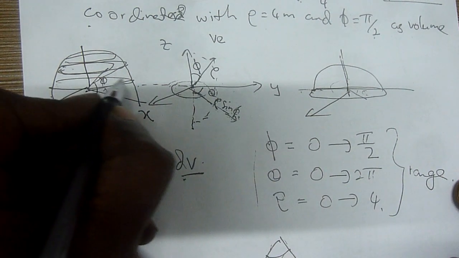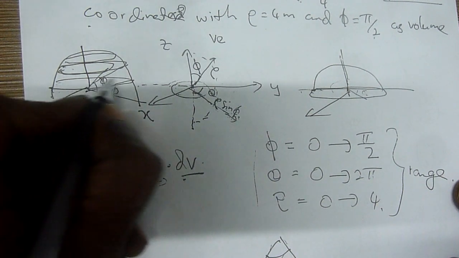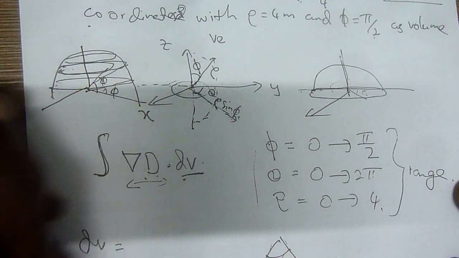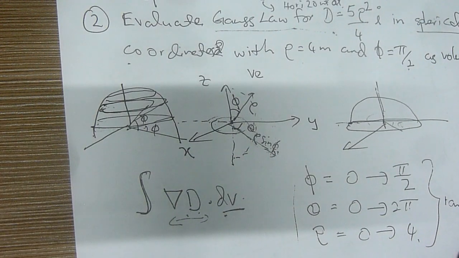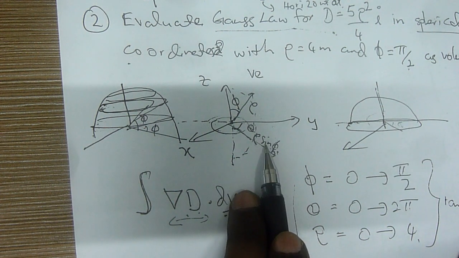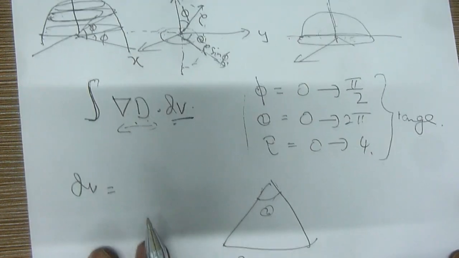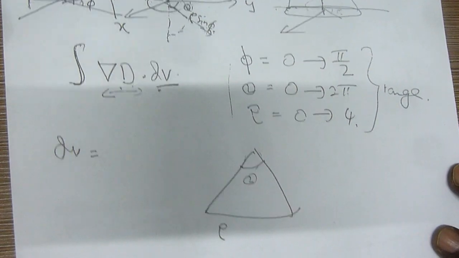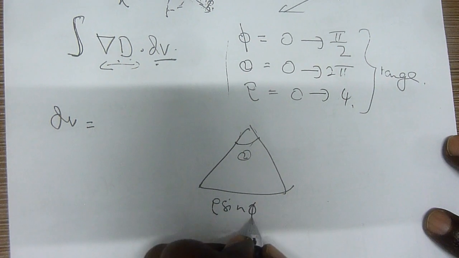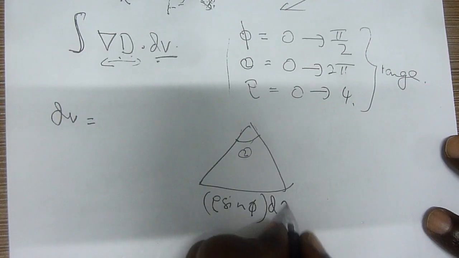Because when you want to identify the circle inside the spherical, we need to use rho sine phi. Then, as I already taught you, sine phi d theta.